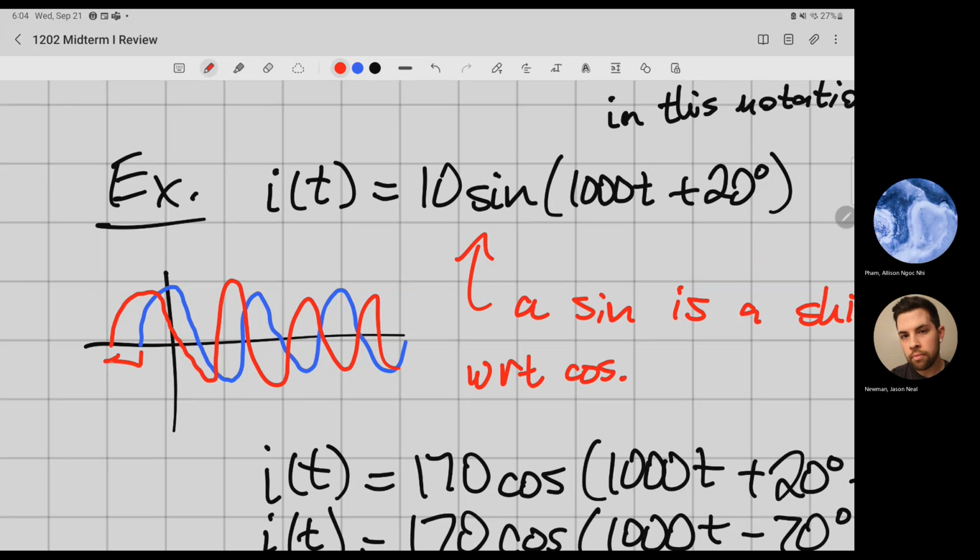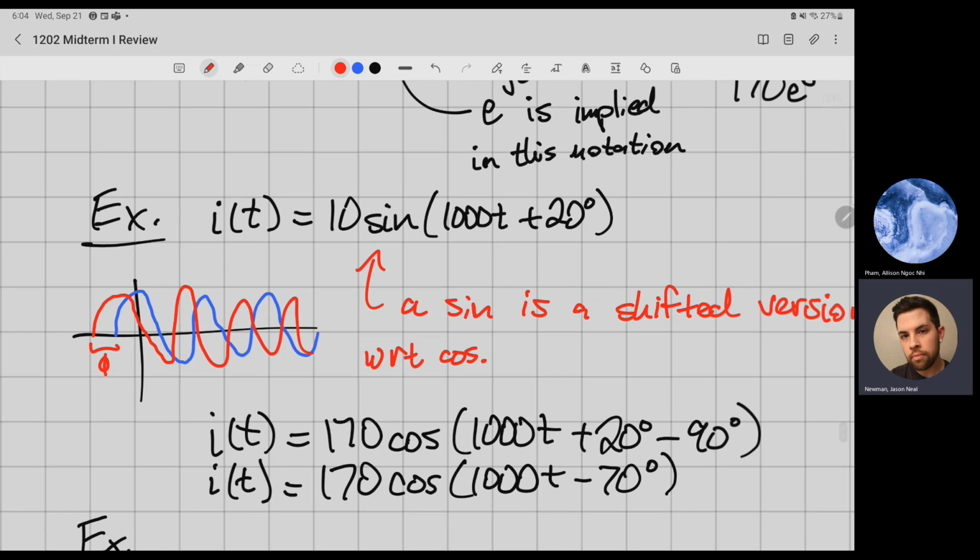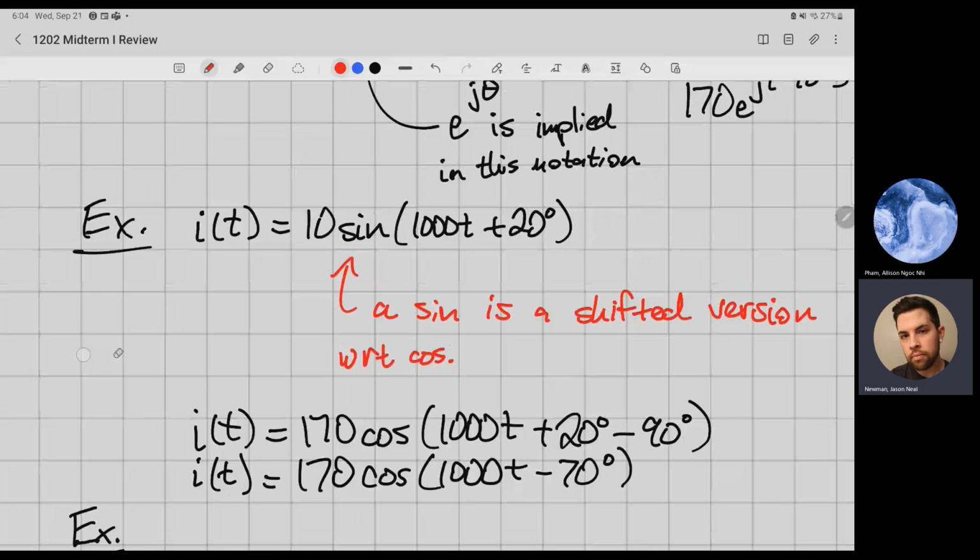That's why we have to do everything in terms of cosine, because cosine is the real part. So let me move past that. In order to translate this function to something useful, which is cosine, you have to take the function right here and just subtract 90 from it.